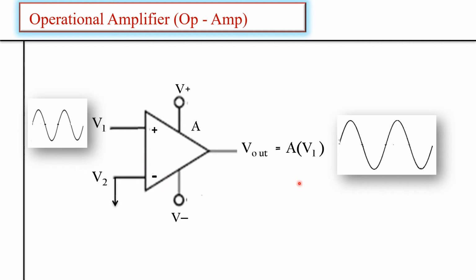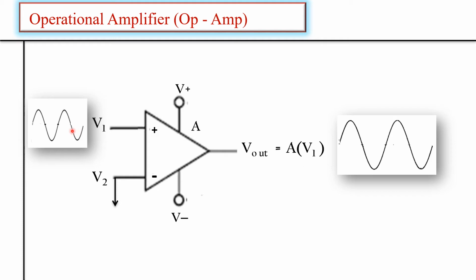So output equals A into V1, where A is the open loop gain of the operational amplifier. The reason why it is known as open loop gain is that it is the gain of the operational amplifier when there is no feedback from output to the input side. There is no connection between output and input, so the gain is called open loop gain.